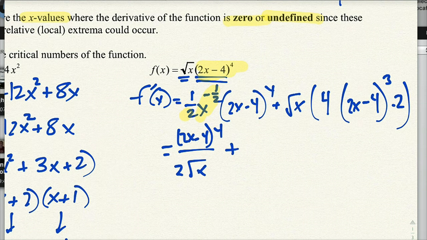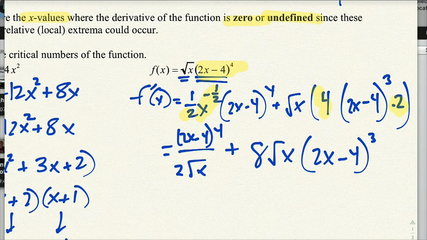Plus, here you see I have a 4 and a 2, so I'm just going to move that in front. So I'm going to get a plus 8 radical x, parentheses 2x minus 4 to the 3rd power. Okay, a little bit confusing, but watch this.